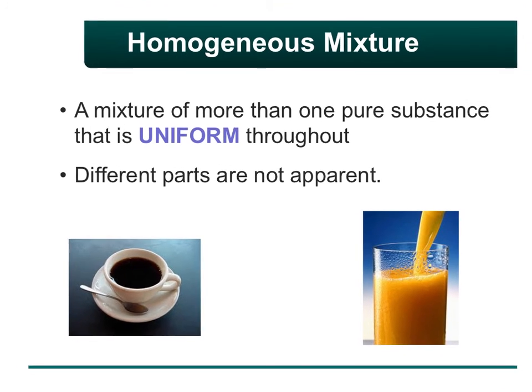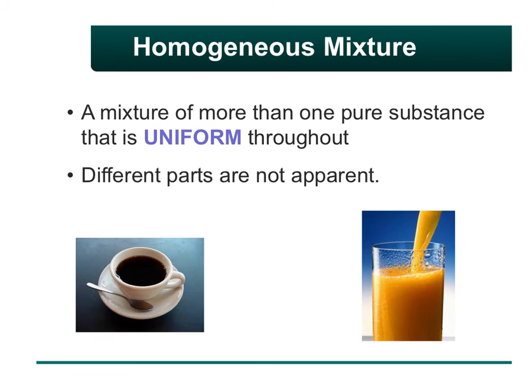Now let's look at our mixtures. A homogeneous mixture is a mixture of more than one pure substance that is uniform throughout. And what we mean by uniform throughout is you can't really see the different parts that it's made out of.